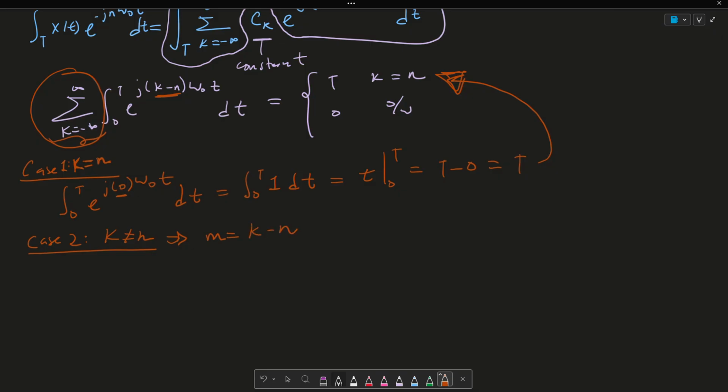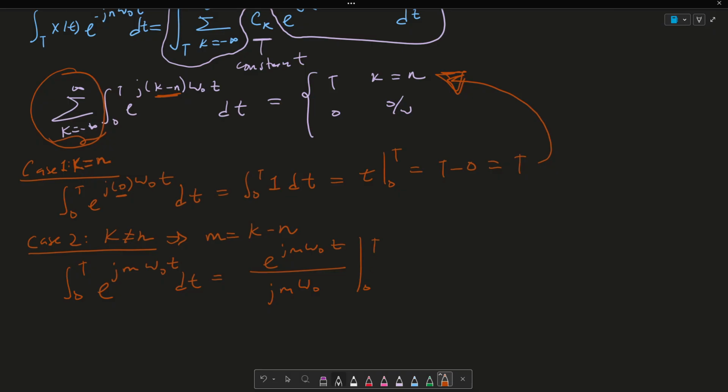So as a result of this, I get the integral from 0 to T of e to the jm omega naught t dt. When you take the integral of an exponential, it just becomes e to the jm omega naught t over jm omega naught, the constant being multiplied by the variable t. So evaluate that from 0 to T.